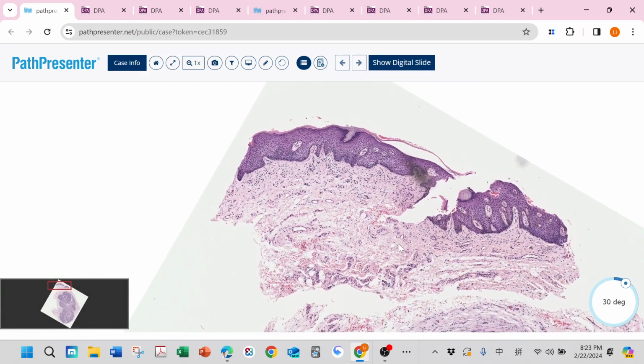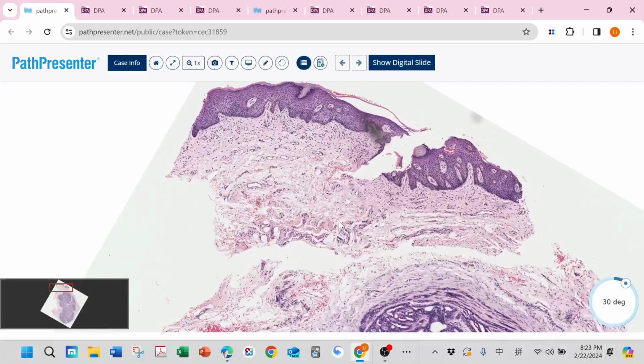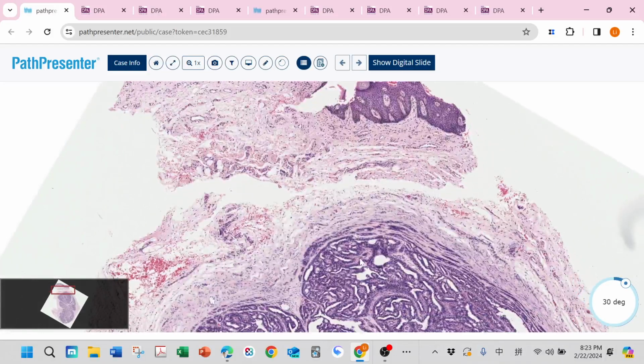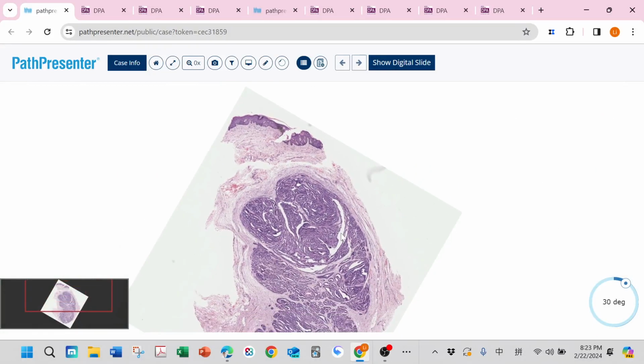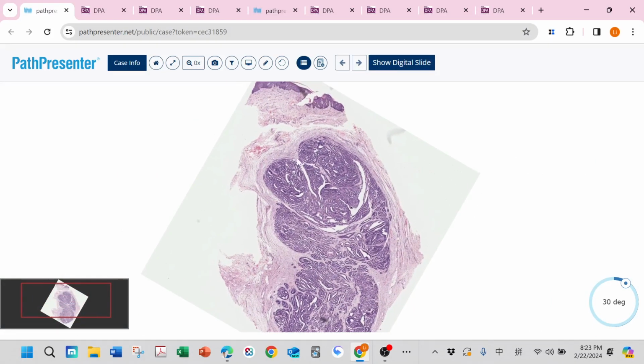There's really no hair follicle structure, so that is really good for a genital area, especially in the vulva. So if you know that is from the vulva, with this maze-like structure, two-cell layer, ductal differentiation, that's really good for Hidradenoma Papilliferum.